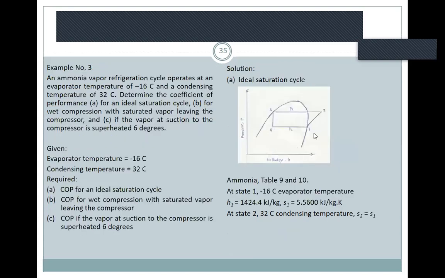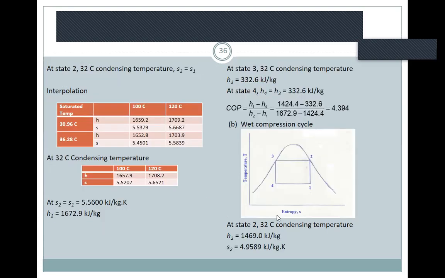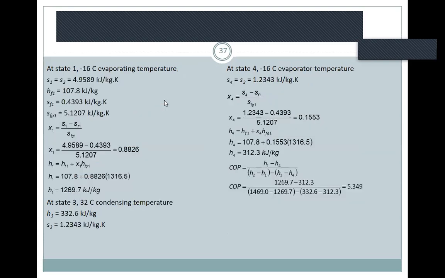Dito, ito ang saturated. So pag gagawin mo man dito, hanapin mo yung H1. Dito, H2. Dito naman H1 at S1 is equal to S2. Diba? So at state 1, negative 16C evaporating temperature. S1 is equal to S2 is equal to 4.9589 kilojoule per kilogram Kelvin.